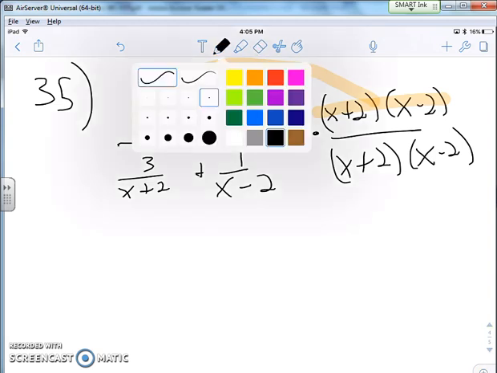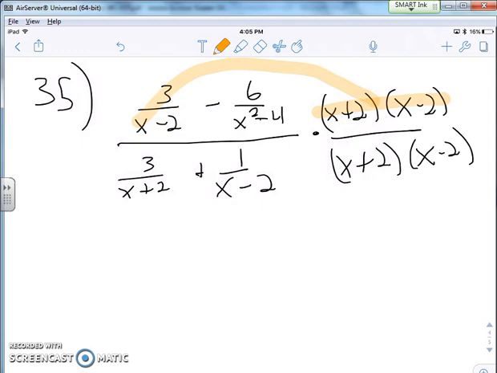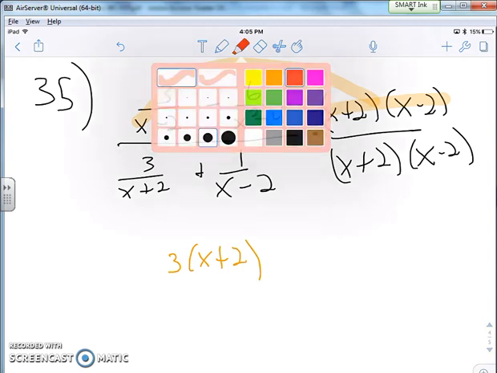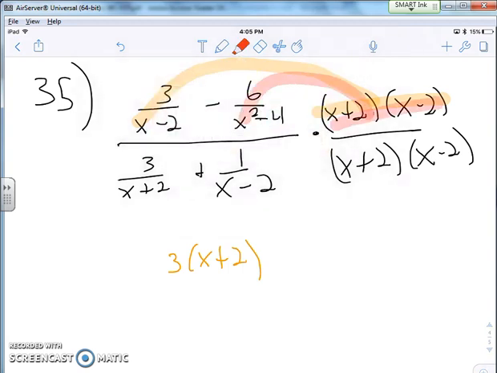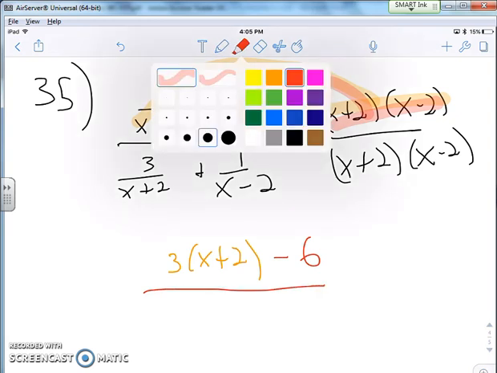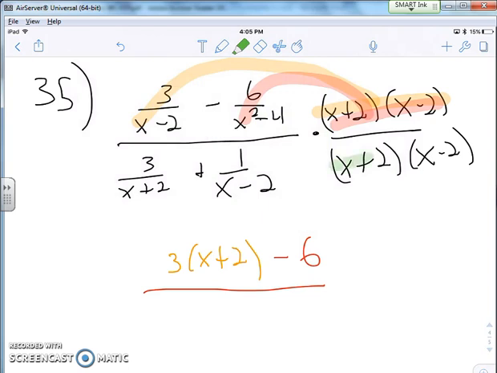And that will give us, the x minus 2's cancel, so we're going to have 3 times the quantity x plus 2. Mr. Red is going to distribute here. The whole denominator cancels, so we just get minus 6. Big divisor, moving down.